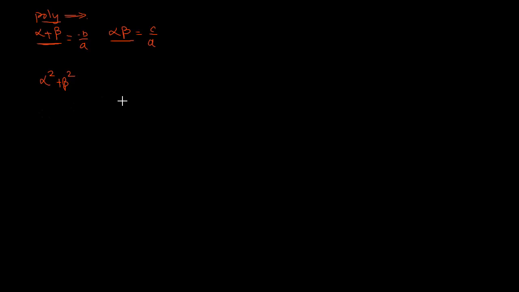If you remember, in previous standards, in algebraic expressions, you found the value of x square plus 1 by x square when x plus 1 by x is given. Or you have also found the value of x to the power 4 plus 1 by x to the power 4 when this is given.